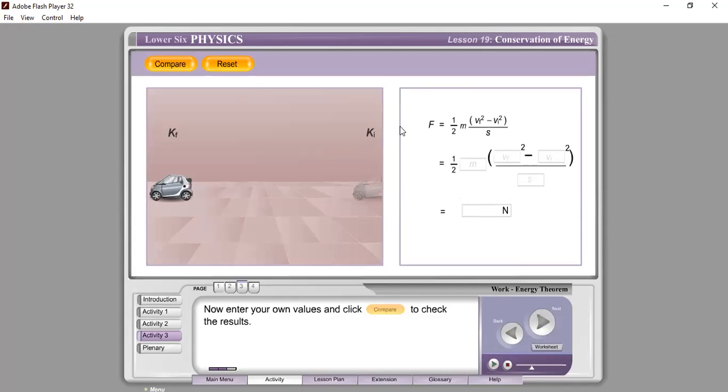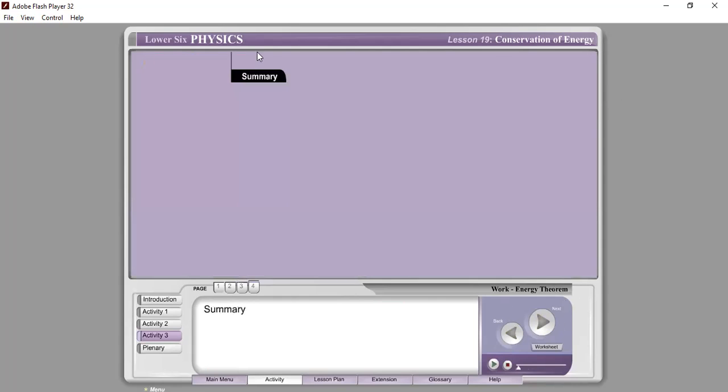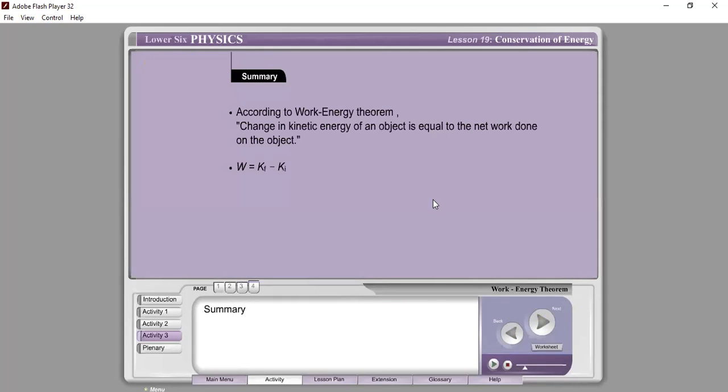Now enter your own values and click compare to check the results. You can enter any value so you can check it. According to the work energy theorem, the change in kinetic energy of an object is equal to the net work done on the object. W equals Kf minus Ki.